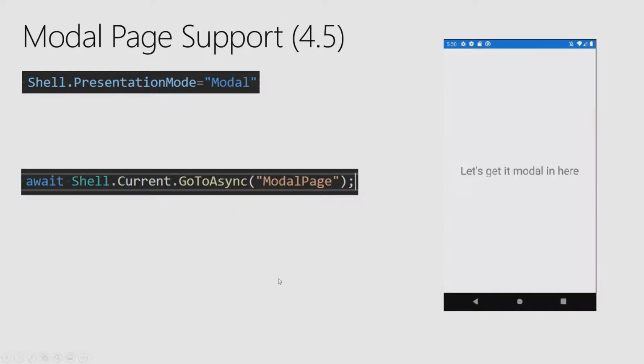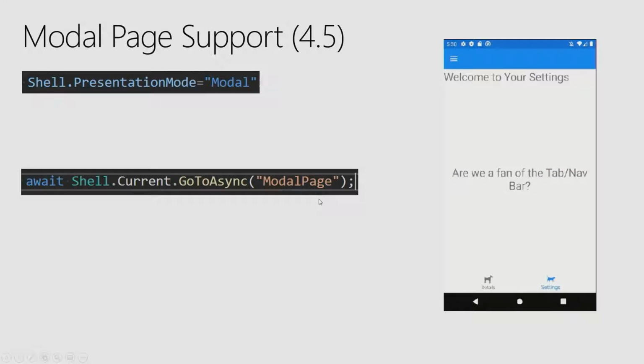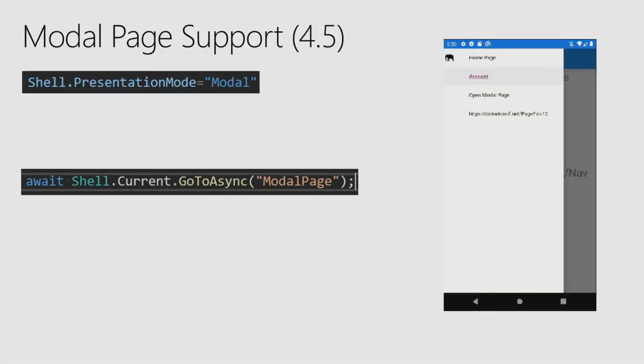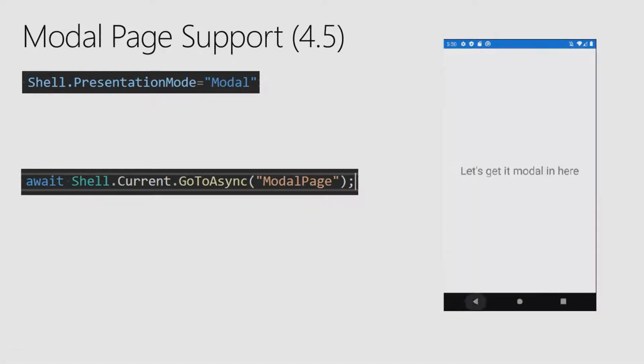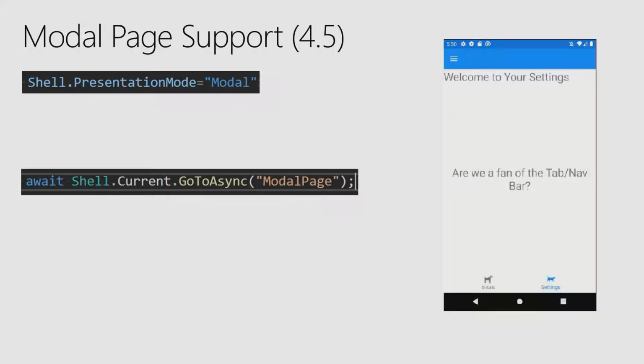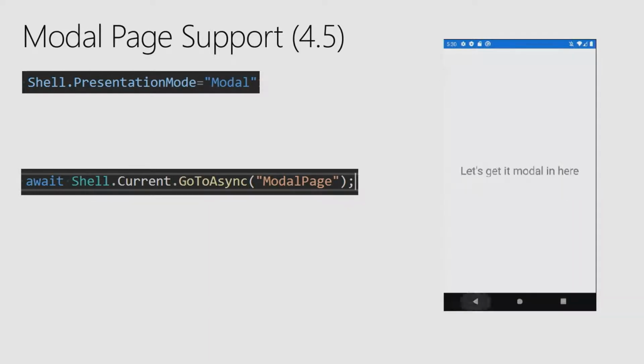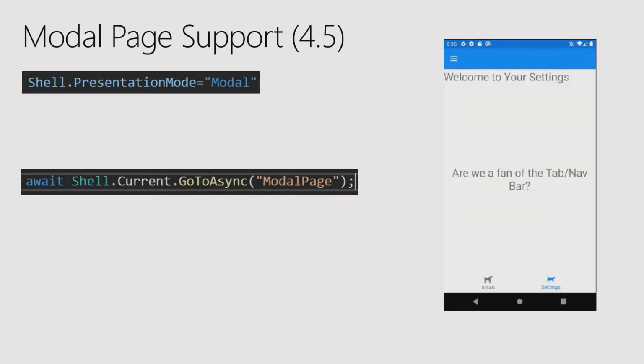Just like that. So you just go to async modal page. That's how Shell works a lot with these attached properties. The idea is that Shell is the structure, and then you use these attached properties to annotate the different actual UI elements, to indicate how you want Shell to treat those things once Shell has to present it.